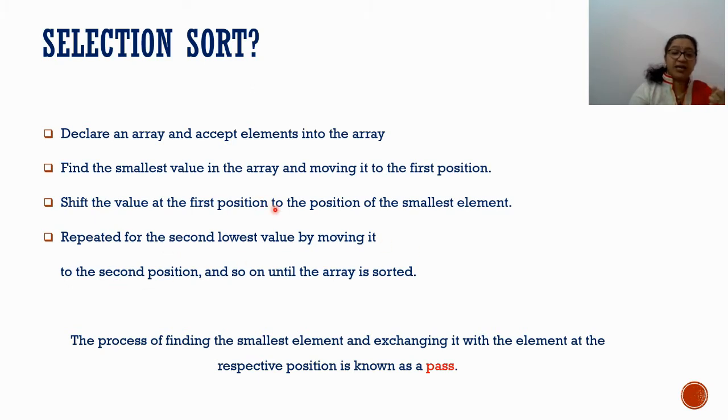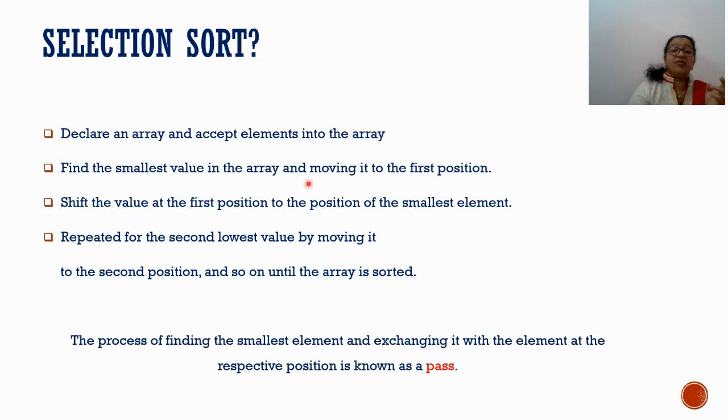Same as before, we repeat for the second lowest one and move it to the second position, that means index number 1. Again, we find the third lowest one and move it into the third position, that means index number 2. And so on until the array is sorted. So this is the logic of selection sort.